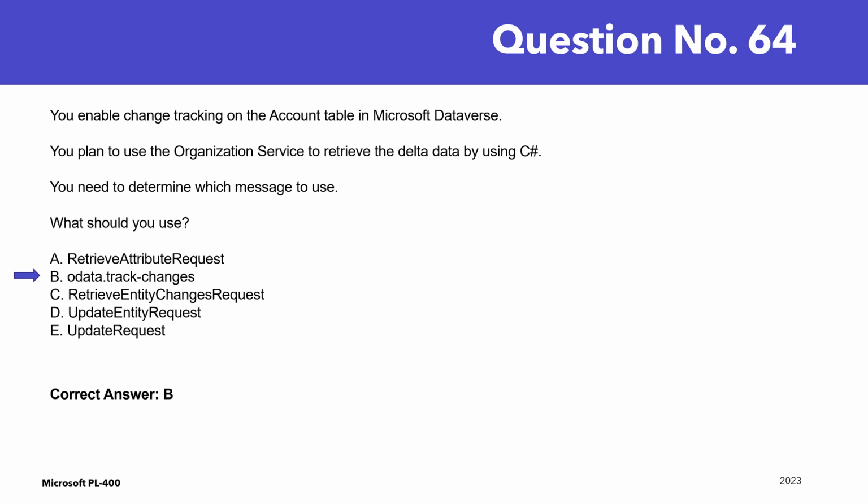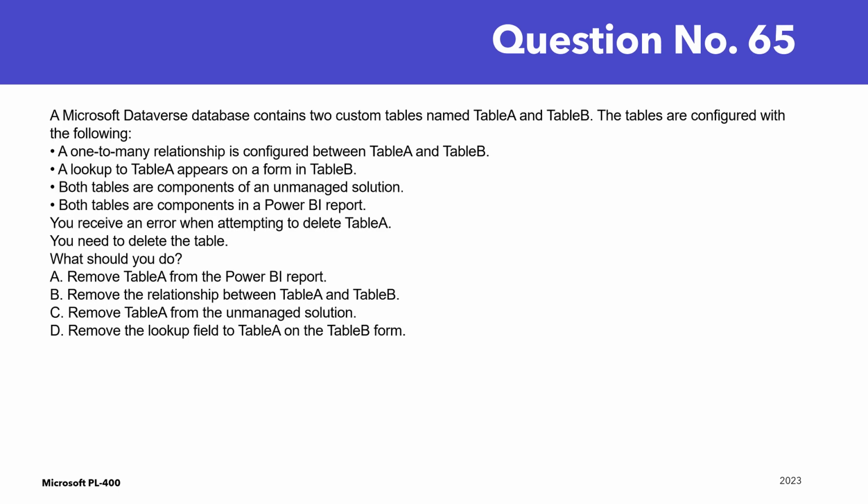A Microsoft Dataverse database contains two custom tables named Tabli and Tablab. The tables are configured with the following: a one-to-many relationship is configured between Tabli and Tablab. A lookup to Tabli appears on a form in Tablab. Both tables are components of an unmanaged solution. Both tables are components in a Power BI report.